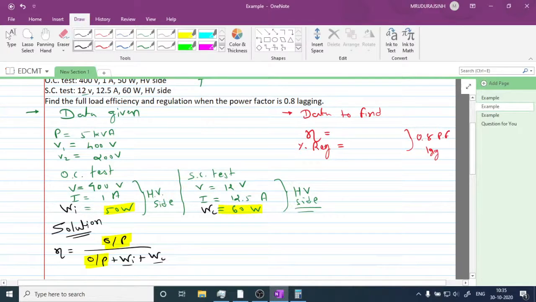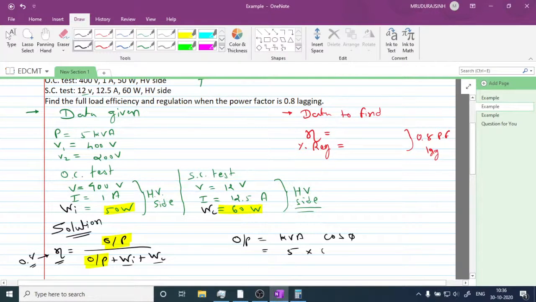So how to calculate the output? To calculate the output, it's not a big task, right? What we can do is just use the equation of output. Output is equal to kVA cos φ. Full load kVA of transformer is 5, so it's 5 kVA multiplied by, we need to find this efficiency at a 0.8 power factor.